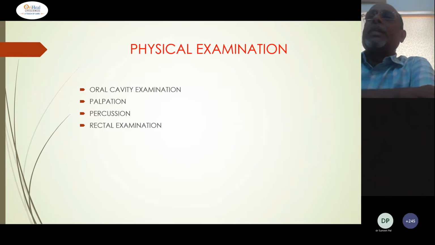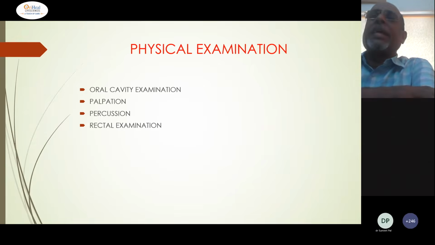So as I told you, physical examination is very important. Oral cavity examination is never to be missed, especially in linear foreign bodies. Palpation of the abdomen for pain, for foreign bodies, for intussusception, and for finding intestinal thickening. In a cat, thickened loops of intestine is a very pathognomonic finding in IBD.